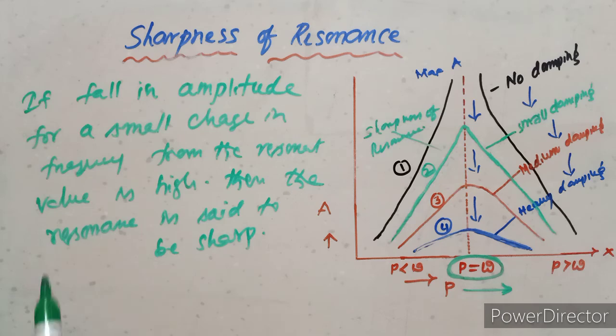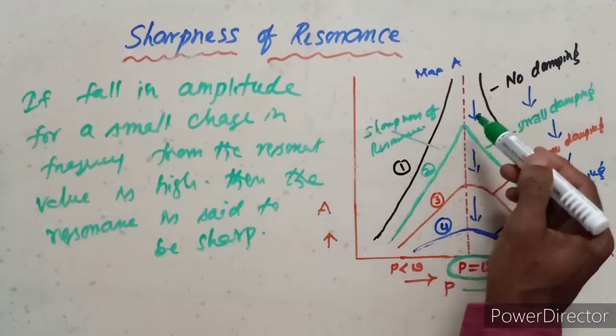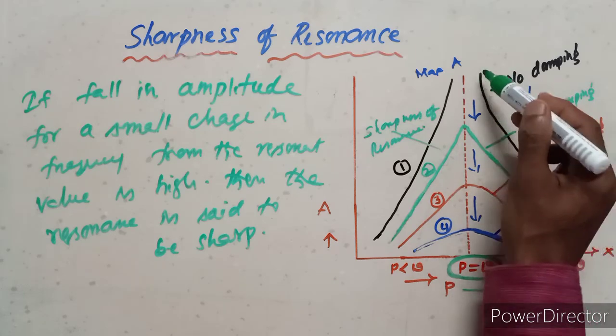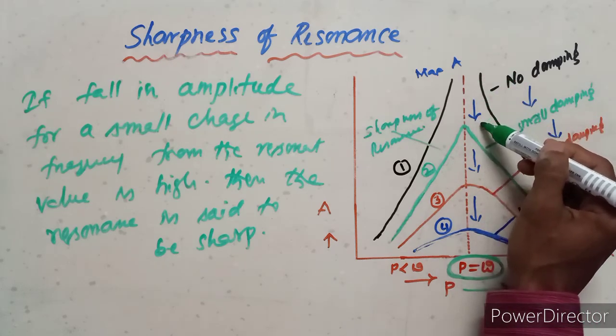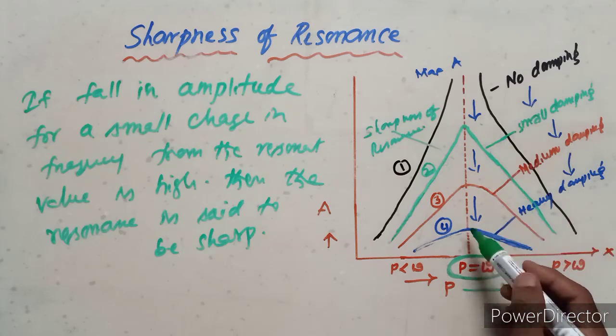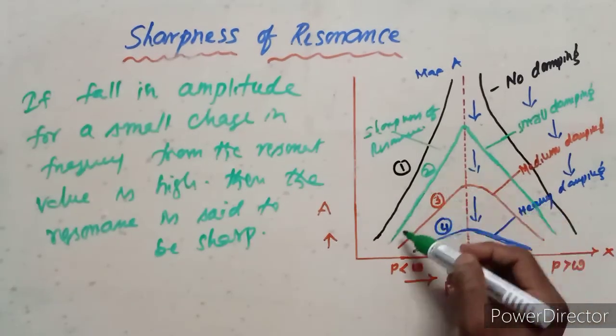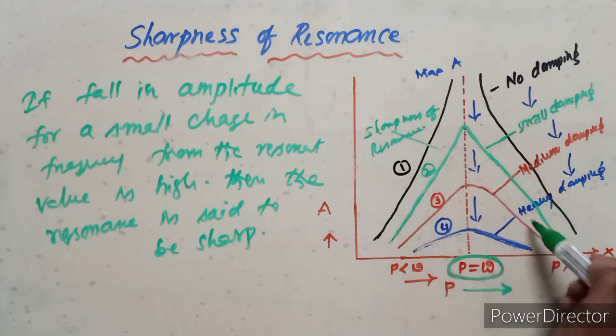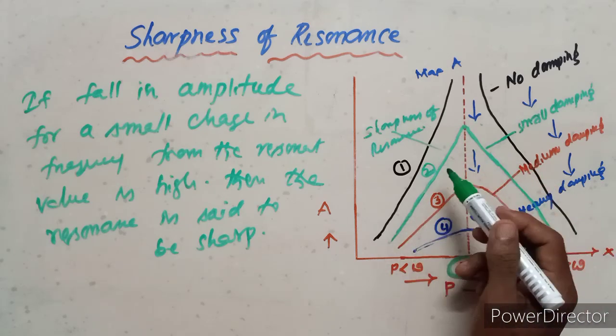If the fall in amplitude for a small change in frequency from the resonant value is high, the sharpness is high, so it is said to be sharp.